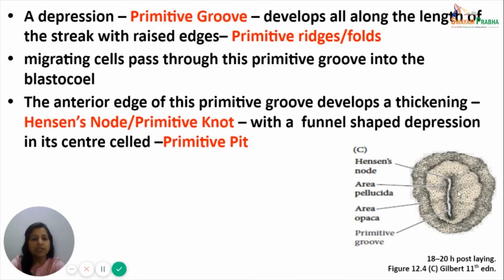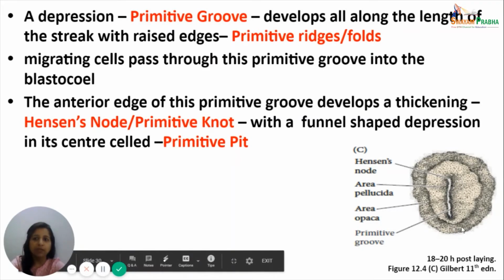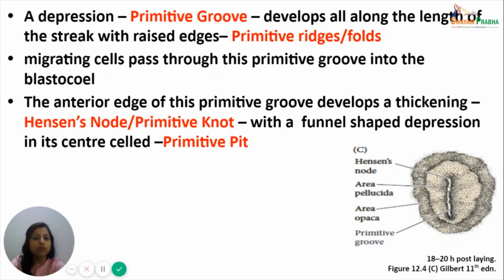Furthermore, a depression called the primitive groove develops all along the length of the streak. This groove has raised edges on both sides which are known as primitive ridges or primitive folds. All the cells which have to migrate into the blastocele do so through this primitive groove region.